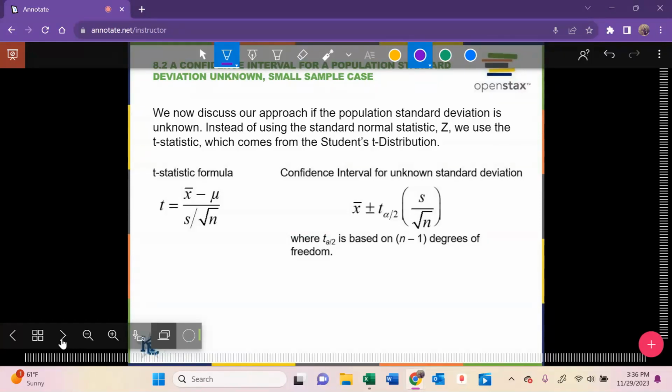Now, the only real difference in the pictorial representation between a student distribution and a normal distribution is the amount of area that's in the tails. So it's still a bell shape, it's still symmetric, it's just the tails are larger on a student t-distribution.